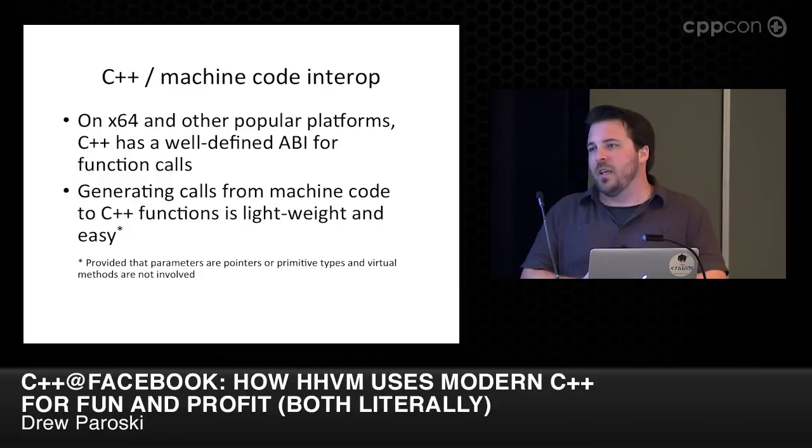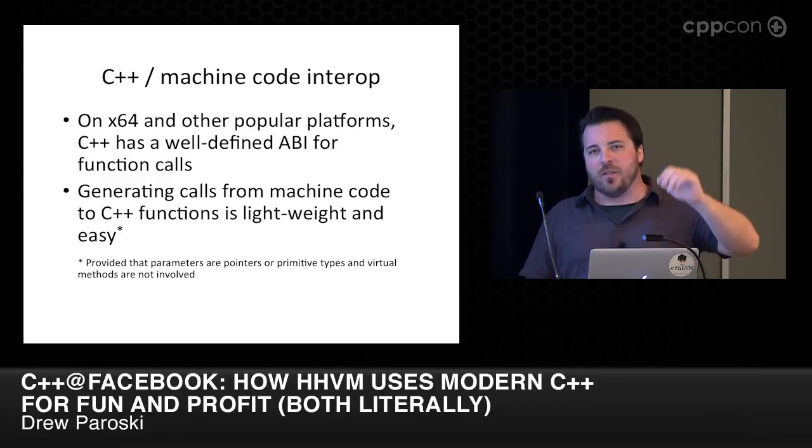C++ actually defines the registers that are used for passing parameters, and the mechanism by which calls are performed and how returns are done. It nails that down. So it's not like you're just reverse engineering what your compiler happens to do. It's actually specified.